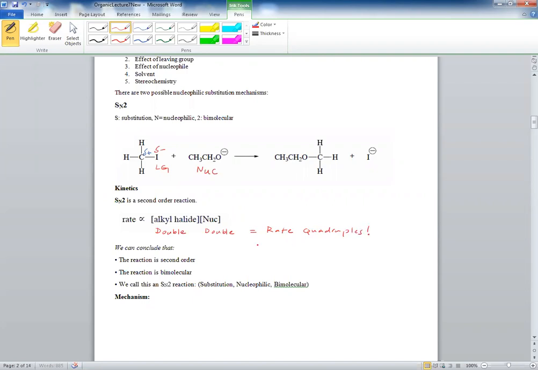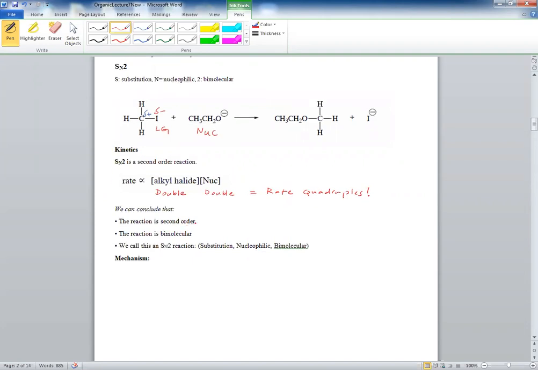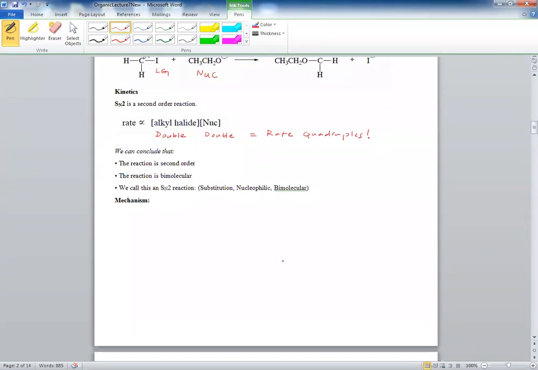You double one, the rate doubles, and leave the other one constant. So we conclude that this is a second order reaction. The reaction is bimolecular. And of course, we call it SN2, substitution nucleophilic bimolecular. The 2 means bimolecular. What is the mechanism?